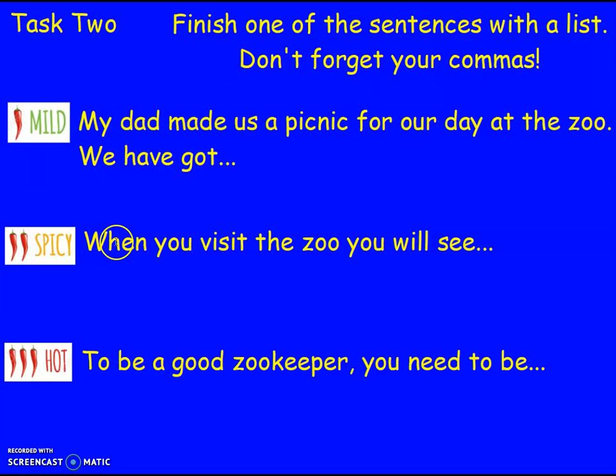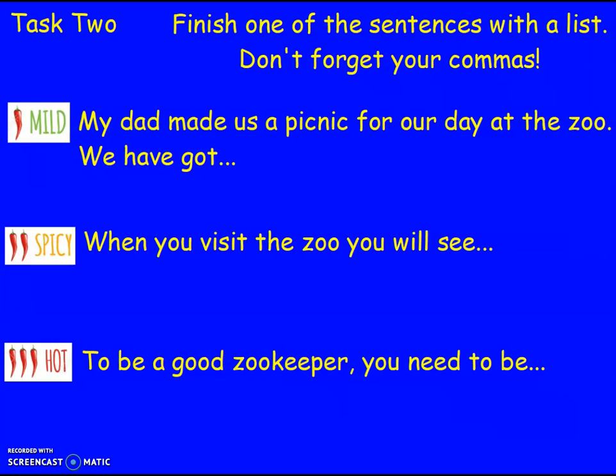Spicy says, when you visit the zoo, you will see. So you're going to write a list of what you will see at the zoo. See if you can use adjectives as well to make your sentences more exciting. For the hot challenge, you're going to finish this sentence. To be a good zookeeper, you need to be, and you're going to do a list of everything you would need to be a good zookeeper. So pause the video now and see if you can complete task 2.